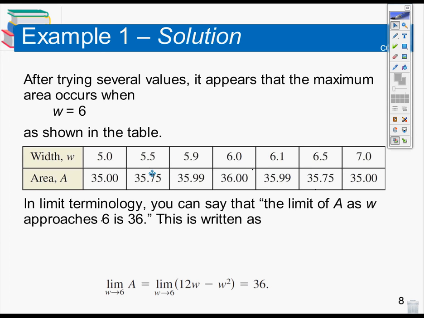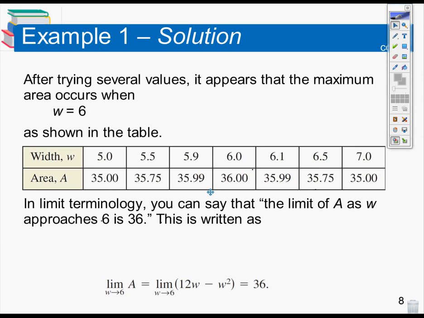The same is true if I go from 7 to 6.5 to 6.1 to 6. It looks like as I come from the left side, increasing in x values, or come from the right side, decreasing in x values, my area seems to be approaching 36. So 36 is probably where that maximum is.